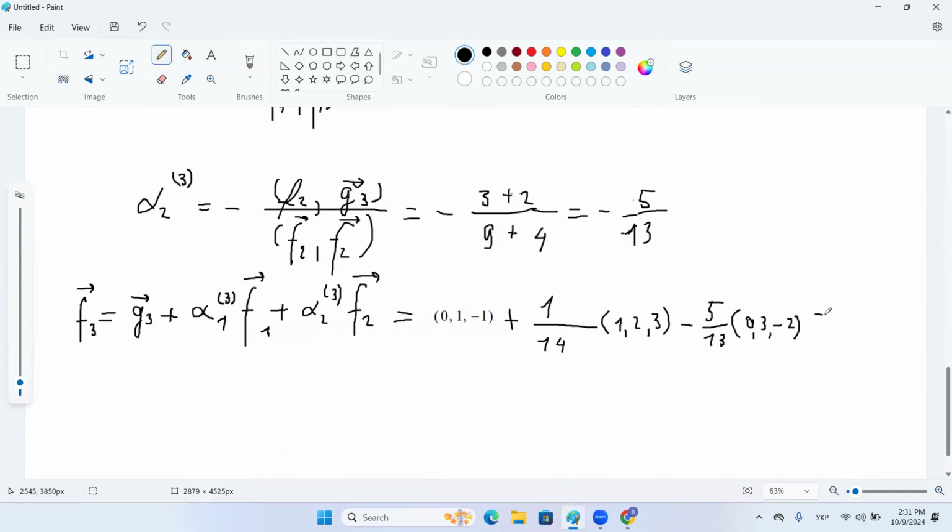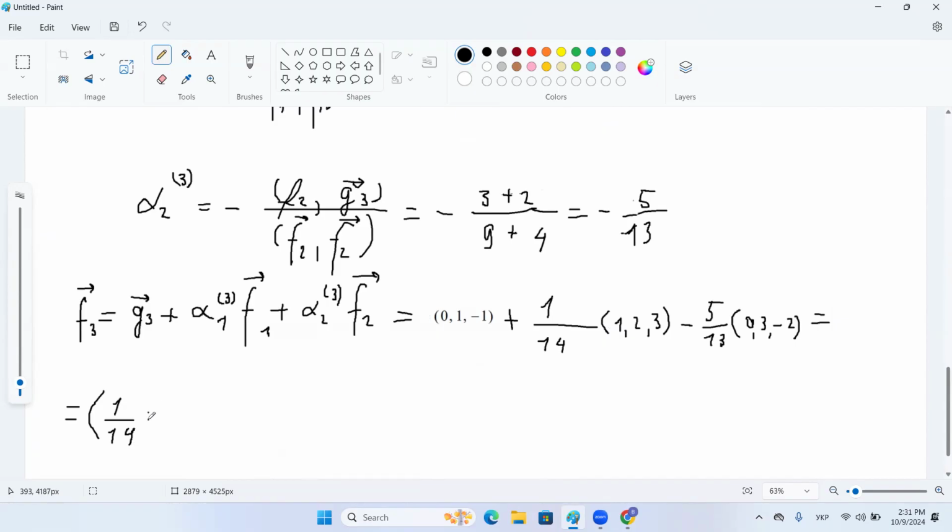I like these fractions, 14, 13. Okay, but nevertheless we need to add them. So 0 plus 1 over 14, so 1 over 14, minus just 1 divided by 14.